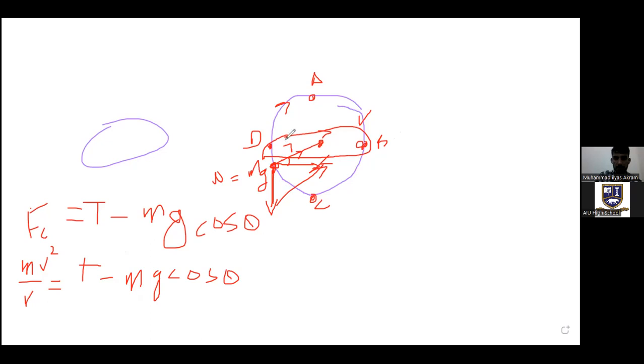While for the vertical circular motion, we have to use this total formula for the calculation of tension, and that will be at point A and point C.